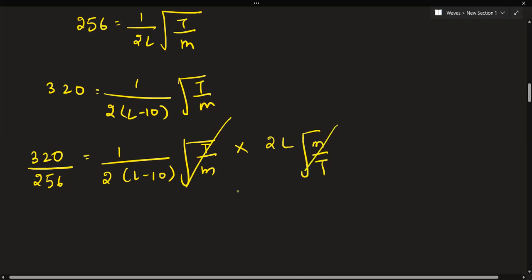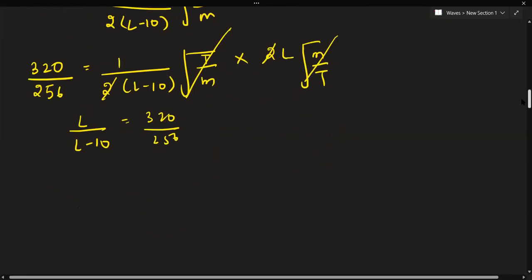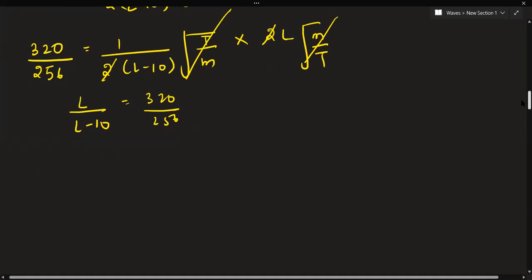So this gets cancelled. The 2 gets cancelled. So what do we have? We have L by L minus 10 equal to 320 divided by 256. Now we can even divide these two.